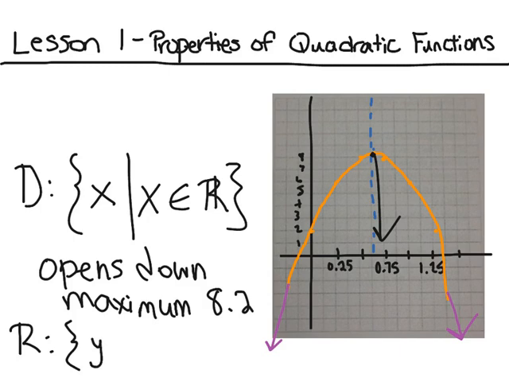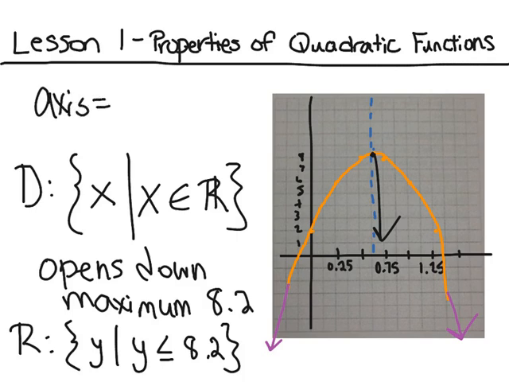So {y such that y is less than or equal to 8.2}. So that is how you find your range for this parabola. And our axis of symmetry is the x value of our vertex. So x is equal to 0.625.